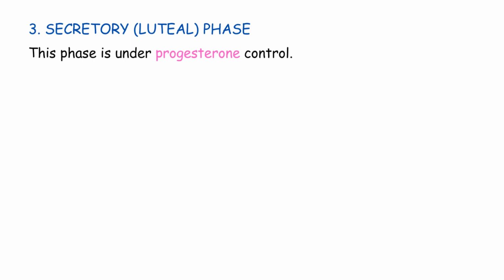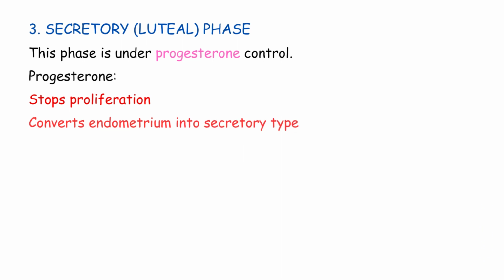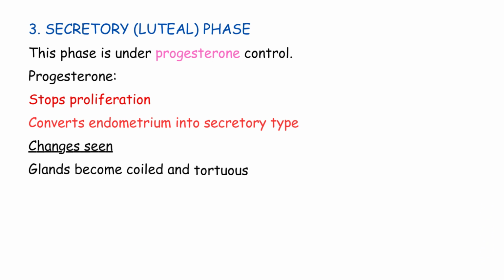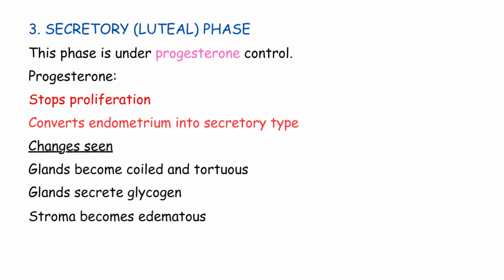3. Secretory, luteal phase. This phase is under progesterone control. Progesterone stops proliferation and converts the endometrium into secretory type. Changes seen: glands become coiled and tortuous. Glands secrete glycogen. Stroma becomes edematous.